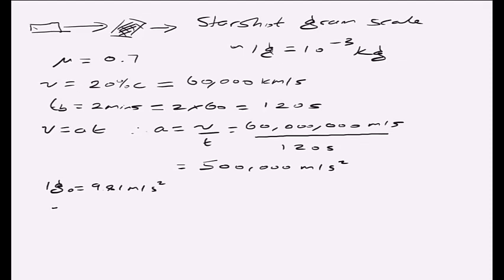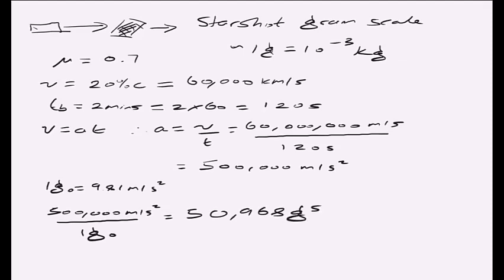Therefore 500,000 meters per second squared divided by 1g gives us around 50,968 Gs. So this is an enormous acceleration. We can approximate that as around 51,000 Gs.